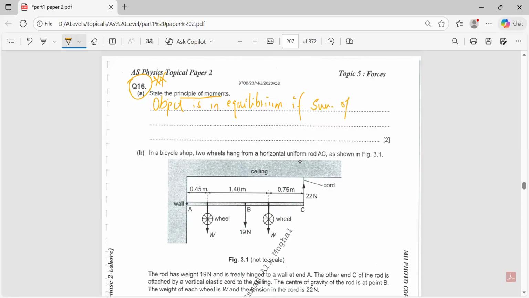sum of clockwise moments about a point is equal to sum of anti-clockwise moments about same point.